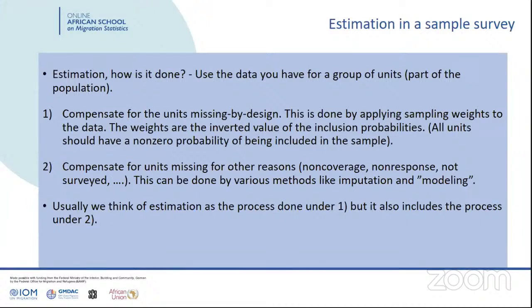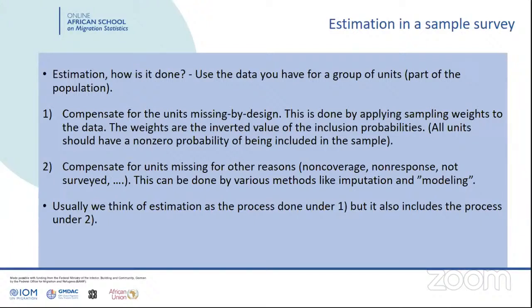Just to take a simple example, let's say we select a 1% sample of the population. That means that each unit has 1/100 probability of being included. And that means that the sampling weight in this case would be 100. So each unit in the sample will be given the sampling weight 100.